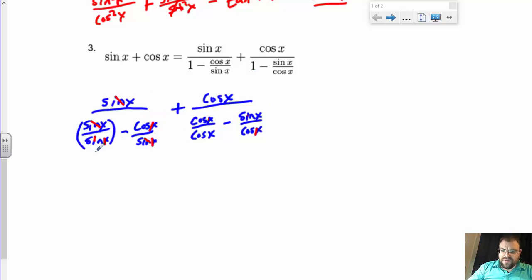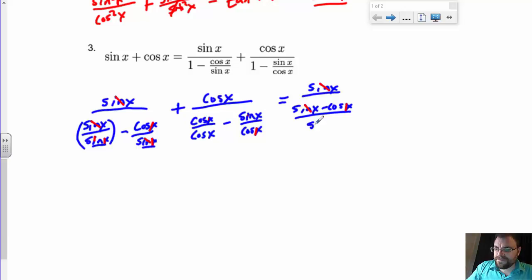So now I have a common denominator of sine and sine, and a denominator here of cosine and cosine. They're common. So I can actually rewrite this now as sine of x over sine of x minus cosine x divided by the common denominator, which you can see here is sine.